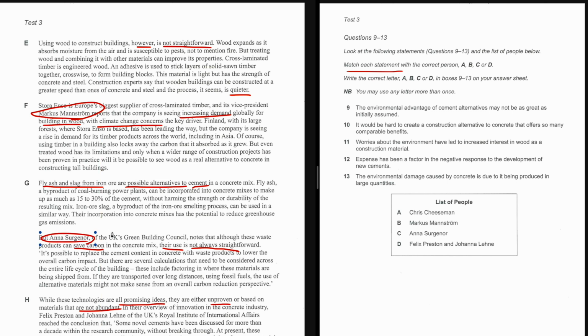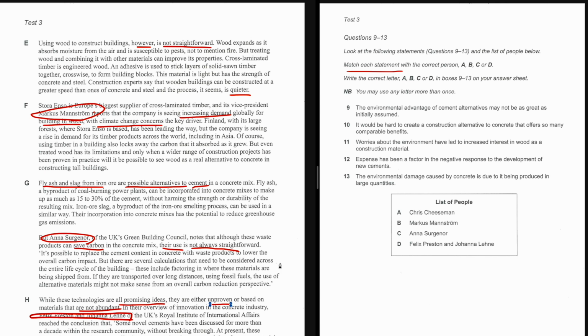And notice that I'm circling these words. When you scan for words, make sure to circle them rather than underline them, because the underlined sections are ideas. The circles are keywords that you simply need to find for this question. So is that the last person? No, Felix and somebody else. So Felix and Joanna. There we go. So we got these names as well.